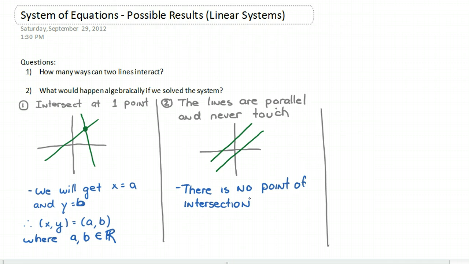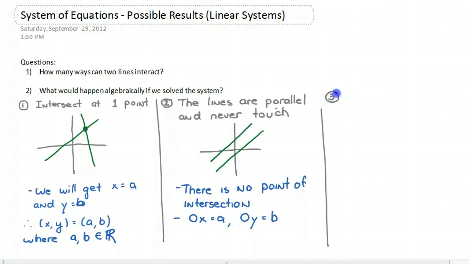Okay, so the idea now is what will we get algebraically? If you are solving a system algebraically, you're going to end up with 0x equals a number, or you're going to end up with 0y equals a number. And if you ever get that, you know that there is no solution to the system.